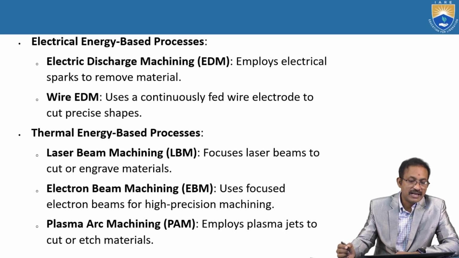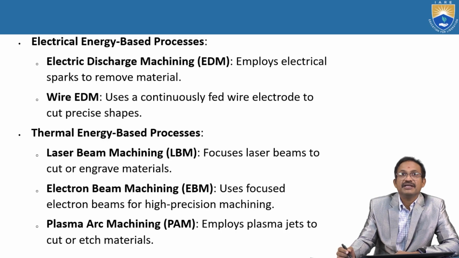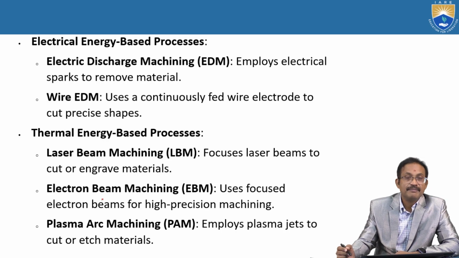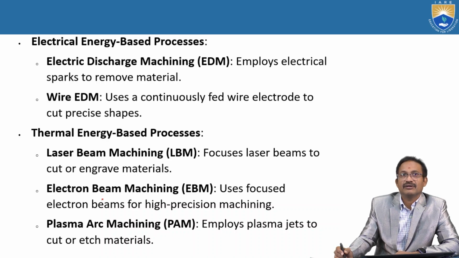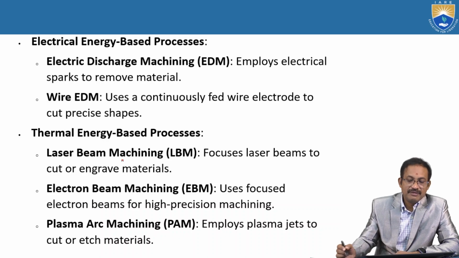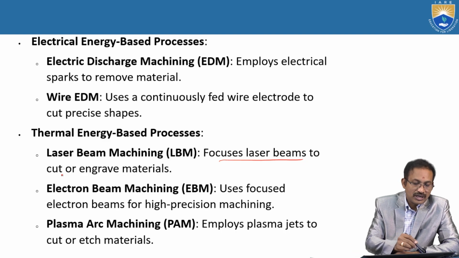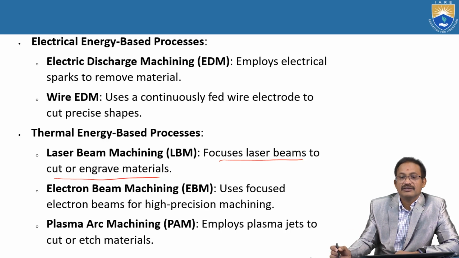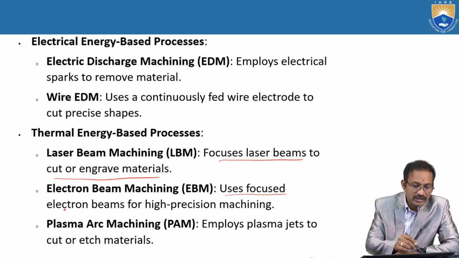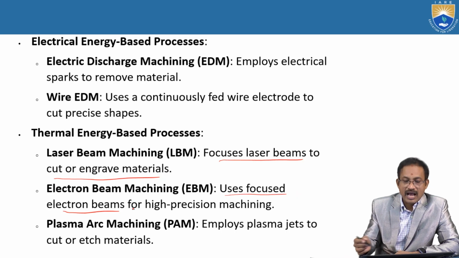Next, thermal energy based processes: laser beam machining, electron beam machining, plasma arc machining. Laser beam machining uses focused laser beams to cut or engrave materials. Electron beam machining uses focused electron beams for high precision machining.